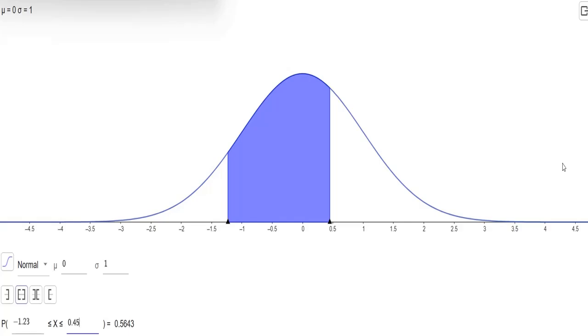So we will be using the table, and whatever the computer displays here as the probability, 0.58, 0.47 and so on, we will make use of the table to acquire the data. You can explore how the data will look using this Geogebra calculating tool.